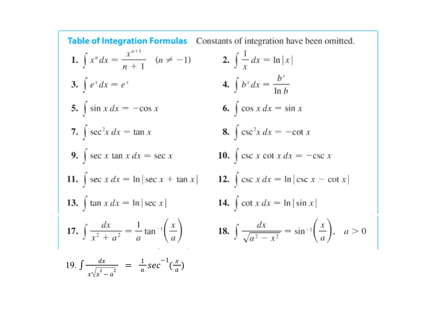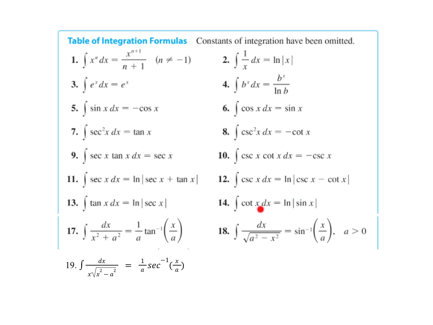And then here's just a table of some of our integration formulas. So again, some of them are pretty straightforward, or it's more just your derivative rules but working backwards, but some of them are not as obvious, but would definitely be worth memorizing, like if you have 11 through 14, so the integral of some of our different trig functions.